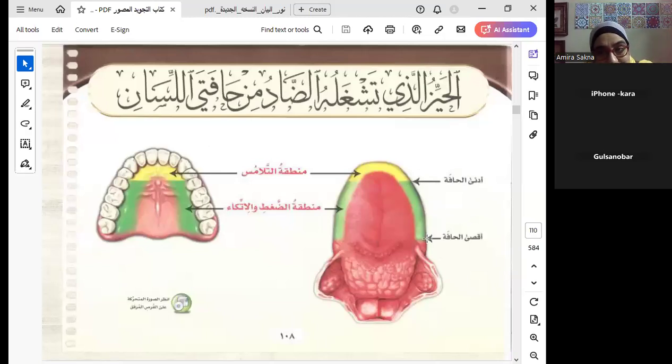Always press this area, from the farthest to the nearest, against the inner part of the upper molars. This is what you are doing. Only. Pay attention kindly. Only.